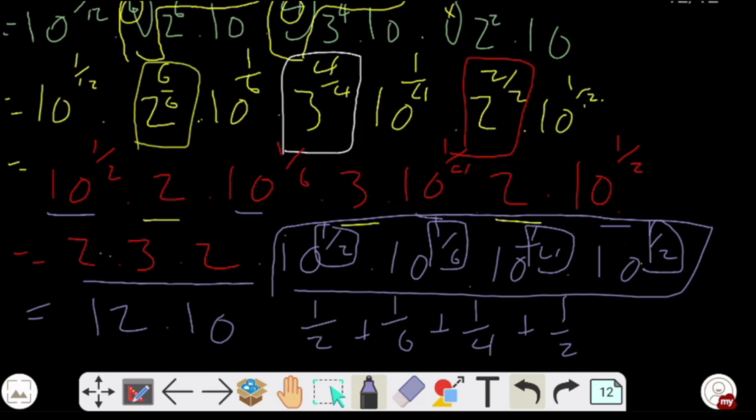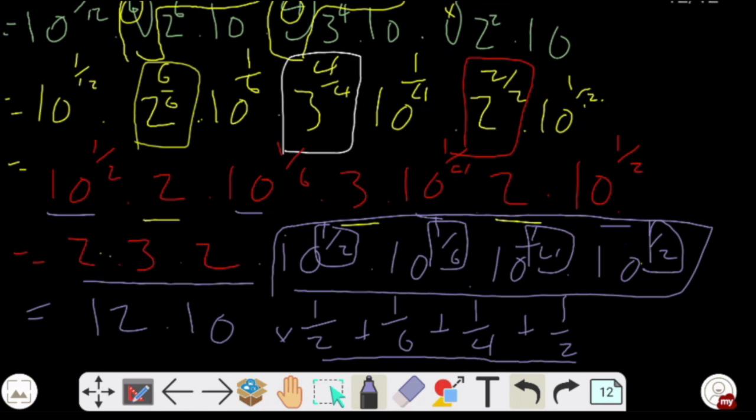Now we need to find our LCD in this case, right? So we can multiply everything by, let's say, our LCD here, let's make it 12.